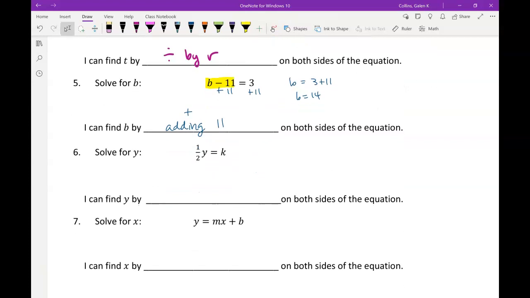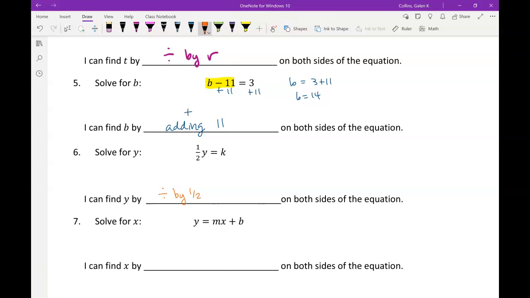In number 6, solve for y. So I could think of this as y times 1/2, and essentially I could think of this as dividing by 1/2 on both sides of the equation. But remember that when we divide by a fraction, we usually think of this as multiplying by its reciprocal.